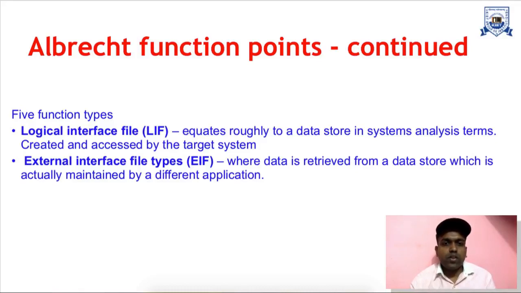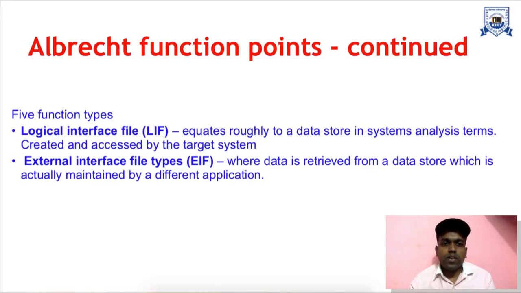It equates roughly to a data store in system analysis terms. Whatever data is created and accessed by a target system, suppose there is a target system, and whatever data is created and stored in that data store, that file will be a logical interface file.